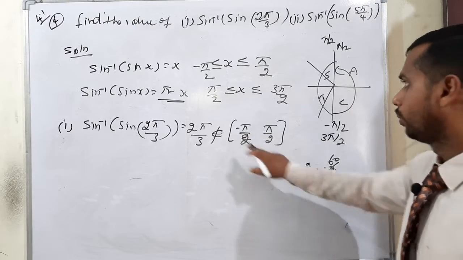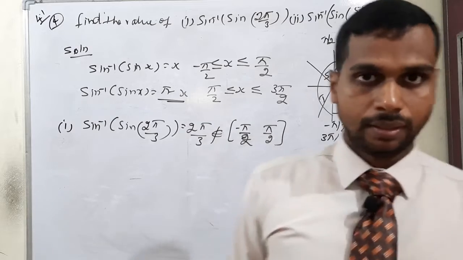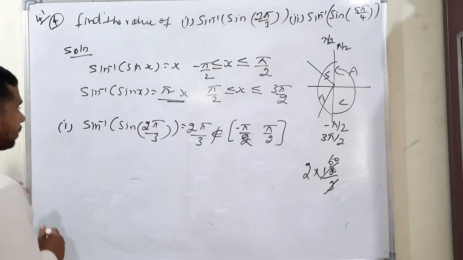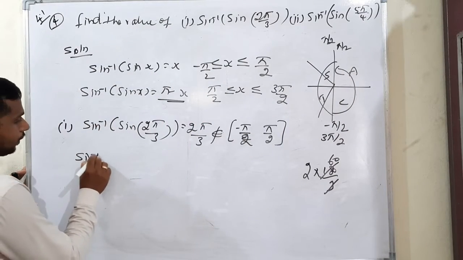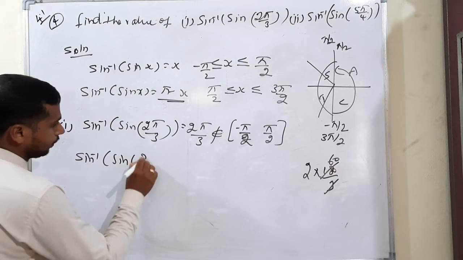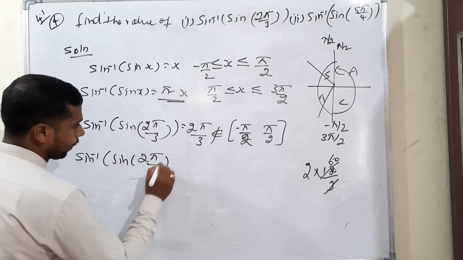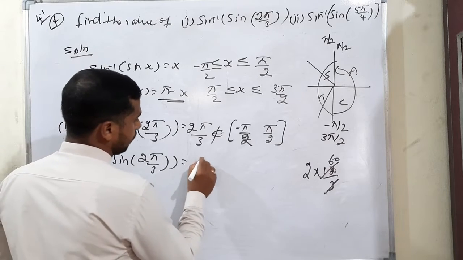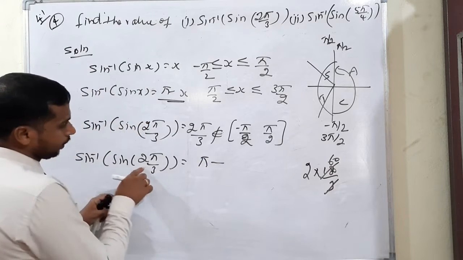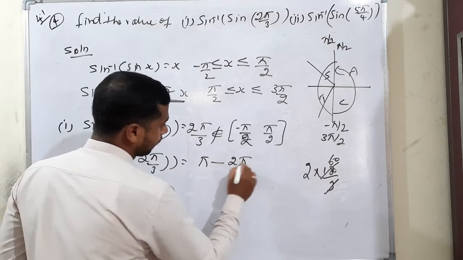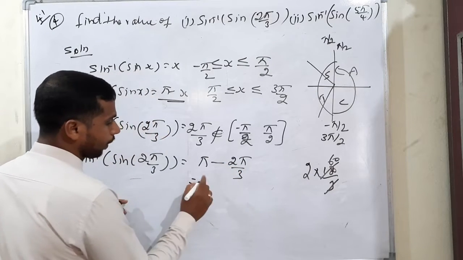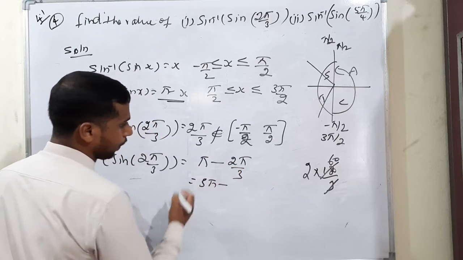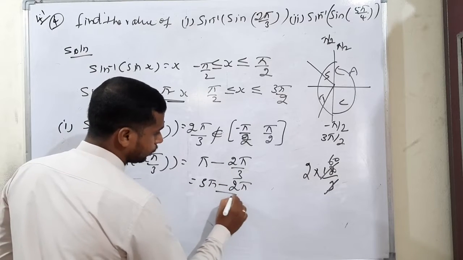So what do we have to do? Apply the second condition. Sine inverse of sine 2 pi by 3 means pi minus x value. What is the value? 2 pi by 3. So pi minus 2 pi by 3, and cross multiply: 3 into pi is 3 pi, minus 2 pi, over 3.